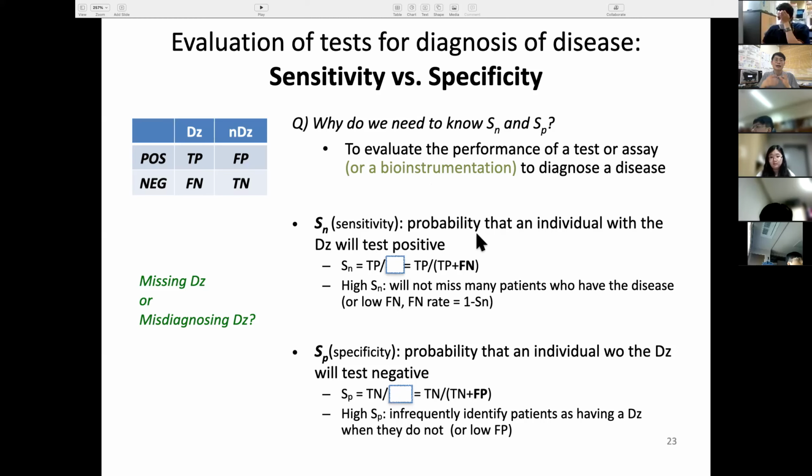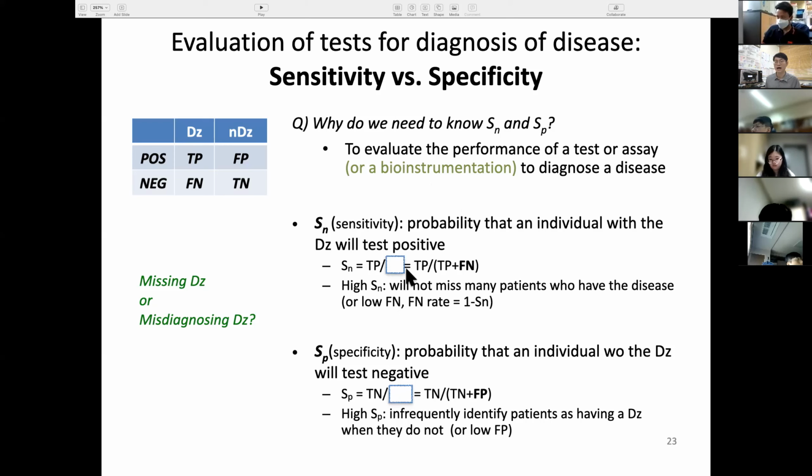So let's think of what performance characteristic would be important when you have an instrument. Coronavirus, let's say. You test a patient who has a disease, and it should provide a positive value. That's a sensitive assay. How can you convert these words into a formula?